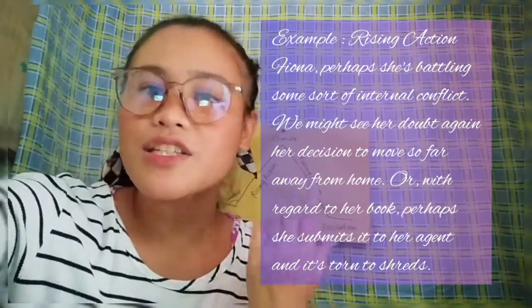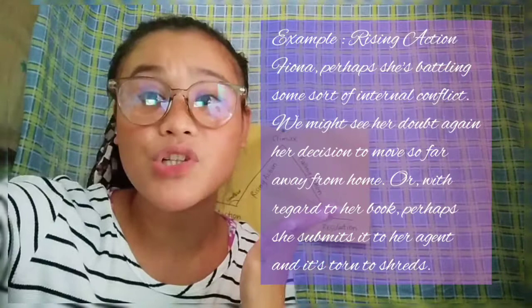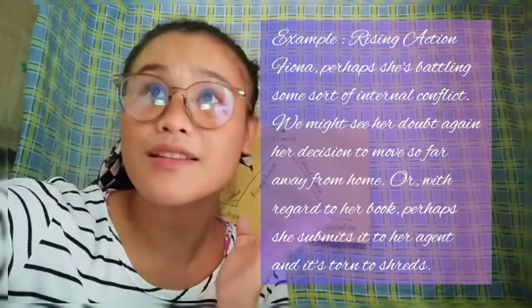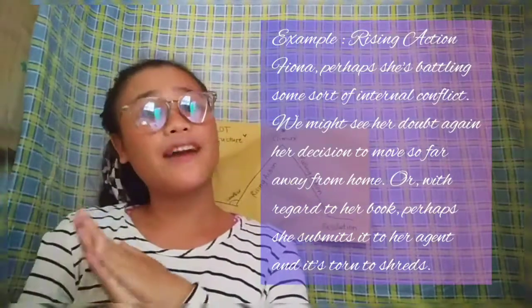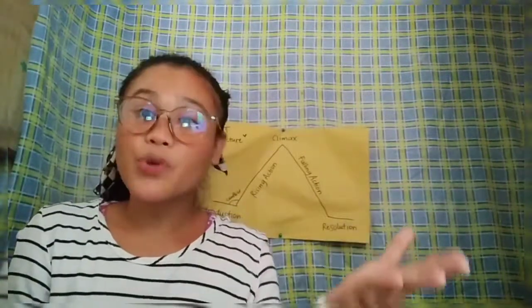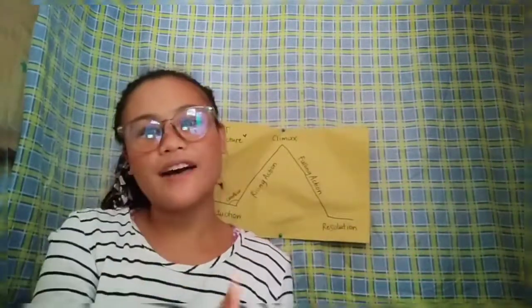Or maybe she meets some devilish Irish lad who distracts her from her primary purpose, and she must realign her priorities. These are some possibilities of a rising action for our story.